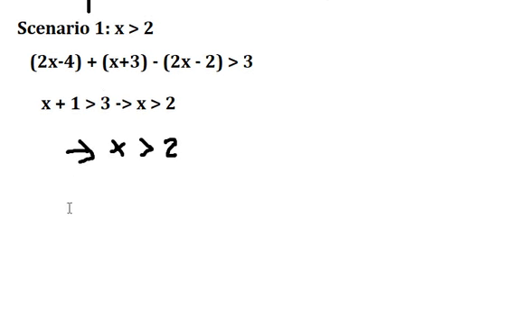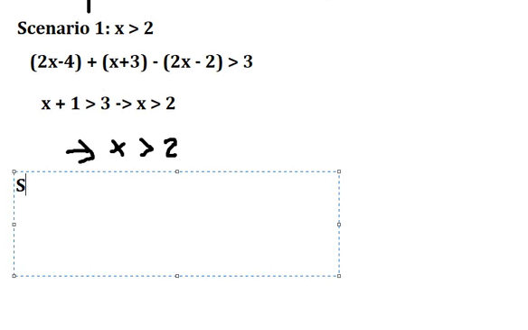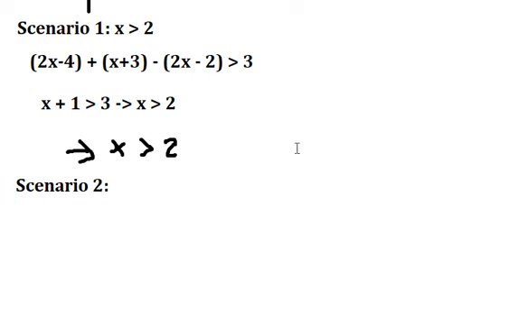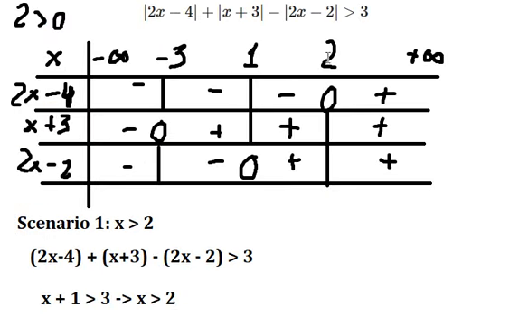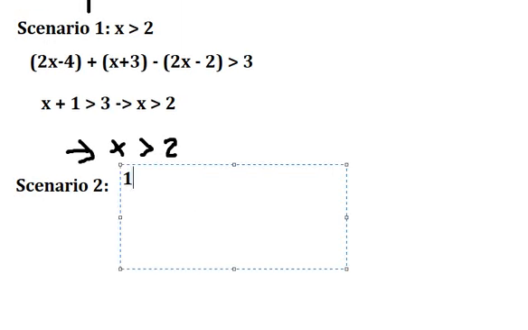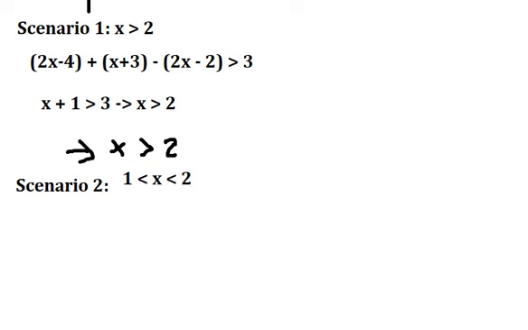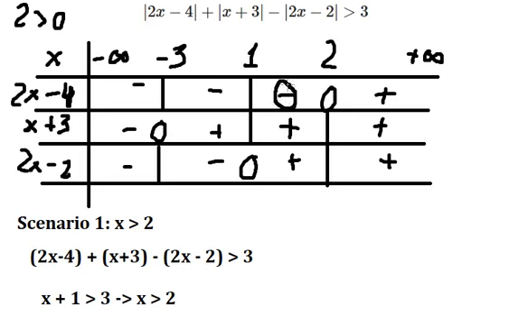Now let's go to scenario number 2. That is from number 1 to number 2. So we have equal sign in here. So in this one, we have the negative for 2s minus number 4. So when we cancel the absolute value, we have the negative sign for this one.